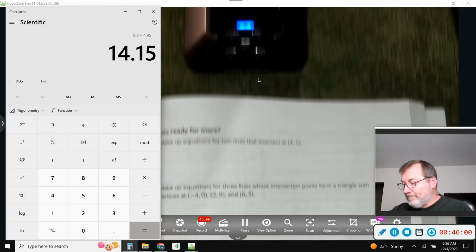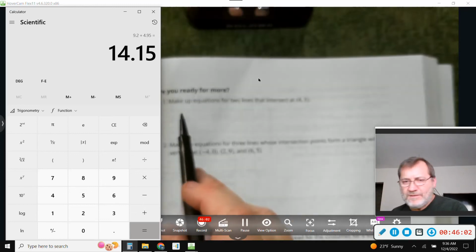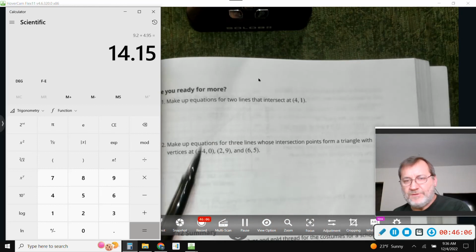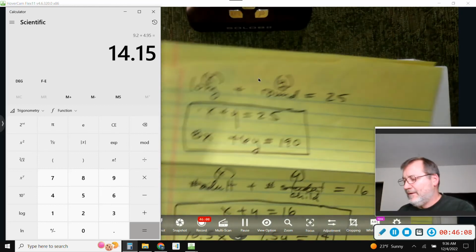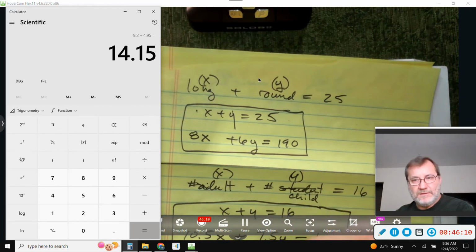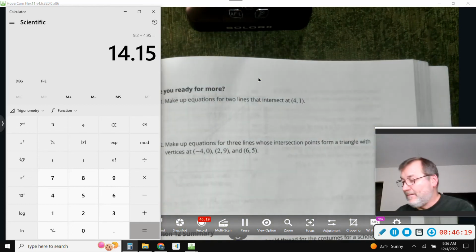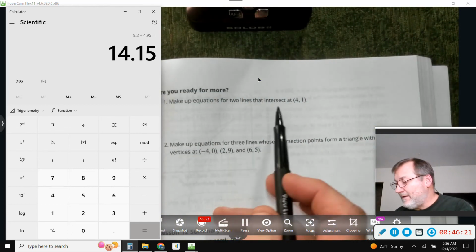It says, are you ready for more? Make up equations for 2 lines, which is what we have been doing here. The point that we come up with, the solution, is the point of intersection. It satisfies both equations. Make up equations for 2 lines that intersect at 4, 1.